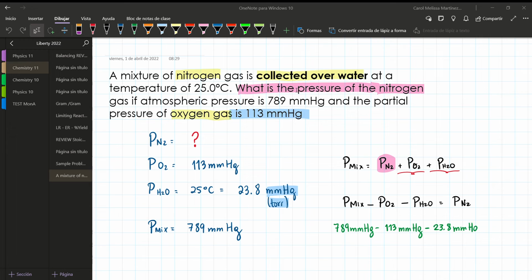All this is equal to the pressure of my nitrogen gas that I am looking for. How much is this? 652.2 millimeters of mercury.